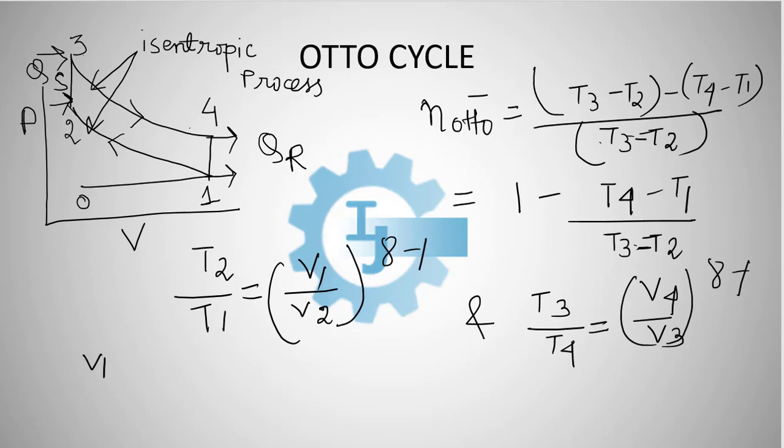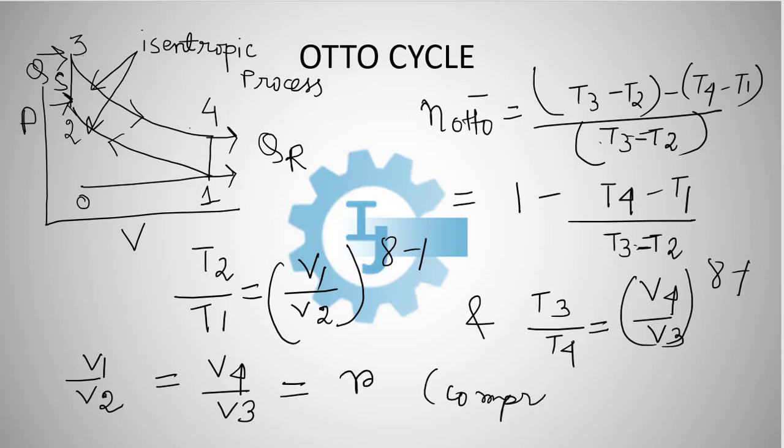The volume ratio V1 by V2 equals V4 by V3. This equals the compression ratio r. r is compression ratio.